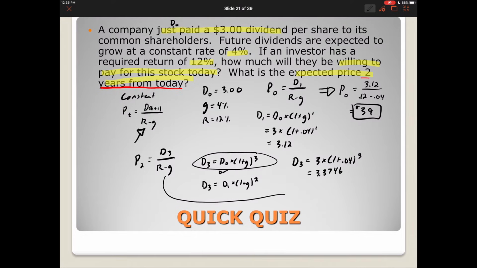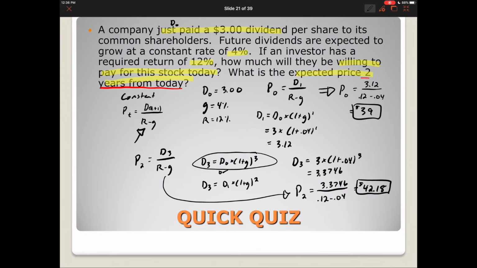I can now solve for the price in year 2 by taking the next year's dividend and dividing it by R minus G, and the expected price would be $42.18. Since the future is uncertain, the best we can do is make these assumptions. If the company continues to grow their dividends at a 4% growth rate, this is what we would expect their price to be based on our required return.